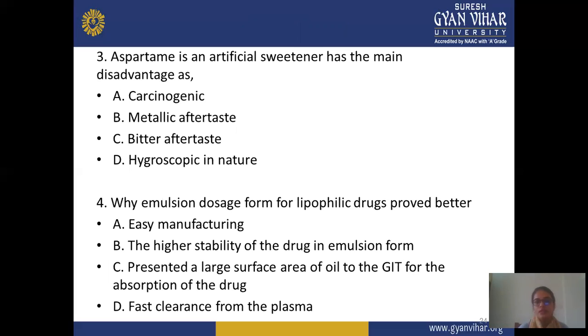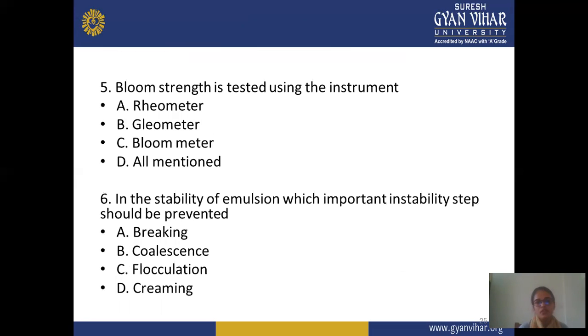And the fourth question is why an emulsion dosage form is used for a lipophilic drug. A is easy manufacturing. B is the higher stability of a drug in emulsion form. C is it presents a large surface area of oil to the GIT for absorption of the drug. D is a fast clearance from the plasma. Fifth question: viscosity strength is tested using an instrument like a viscometer, and all mentioned.